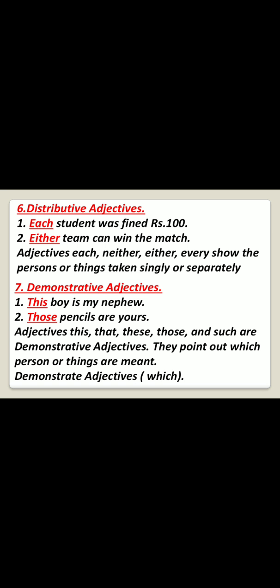Here, these two words are called demonstrative adjectives. Adjectives this, that, these, those, and such are demonstrative adjectives. They point out which person or things are meant. So it is called demonstrative adjectives.